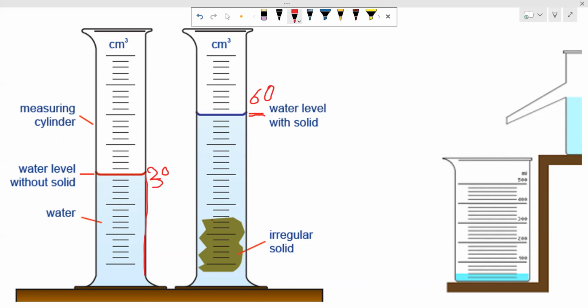Why did it increase? Because we immersed this solid into the water, and this caused the level of water in the beaker or flask to rise. So what is the volume of the irregular solid S? Volume of the irregular solid S is 60 minus the initial, which was 30. Final level minus initial level is the volume of the solid, that is 30.